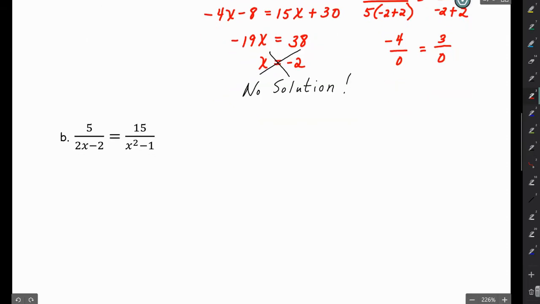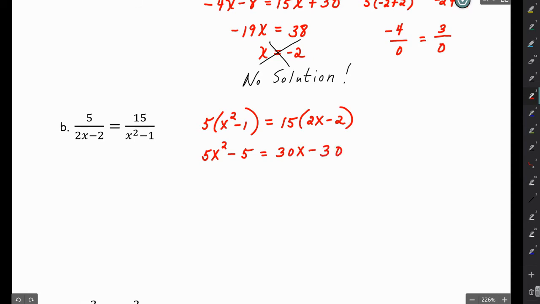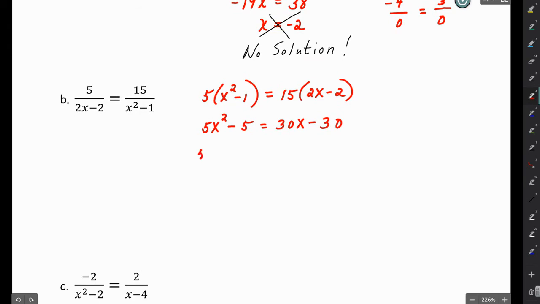Okay, let's look at B. Again, we're going to cross multiply. Move everything over to one side so we can solve it. So before I start factoring this, I notice that I can pull a 5 out of every term.